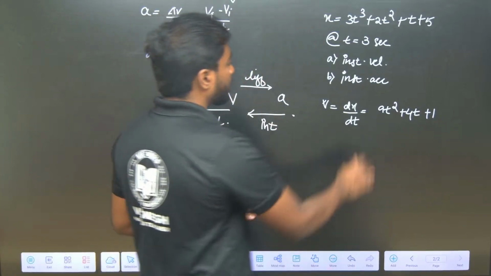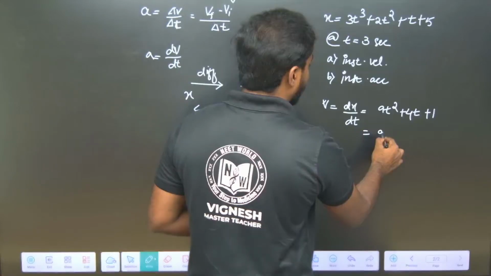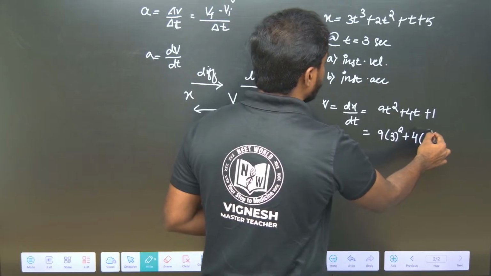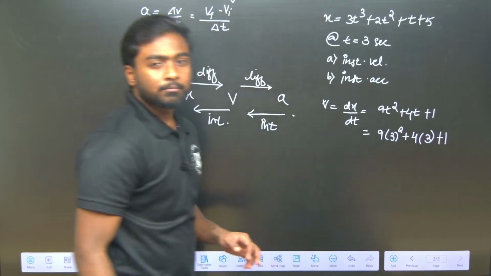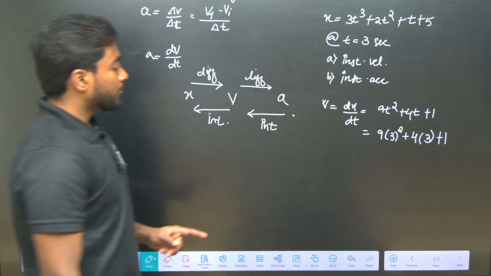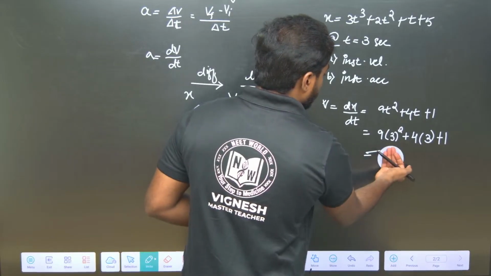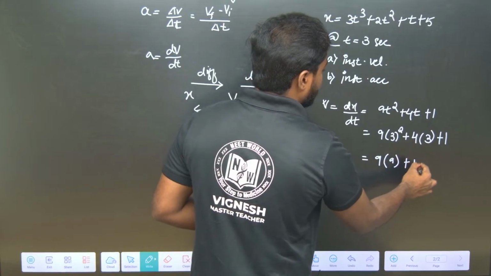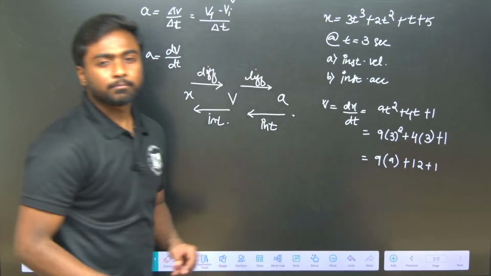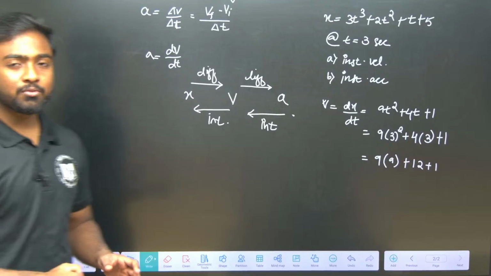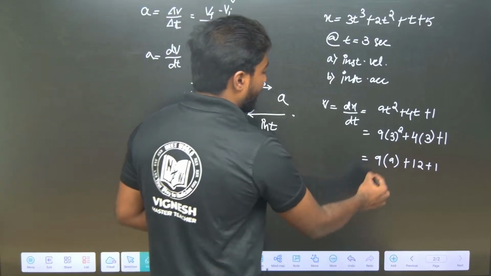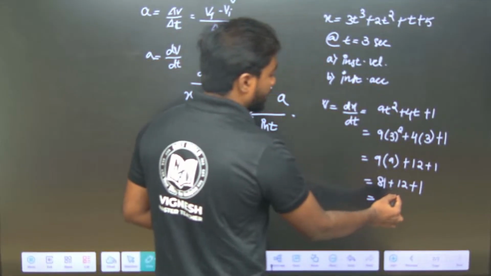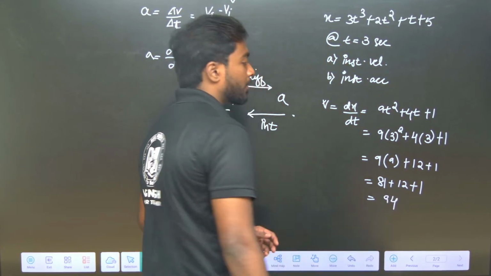At 3 seconds, 9 into 3 square plus 4 into 3 plus 1, so 9 into 9 is 81, plus 12 plus 1, so 94 is the answer.